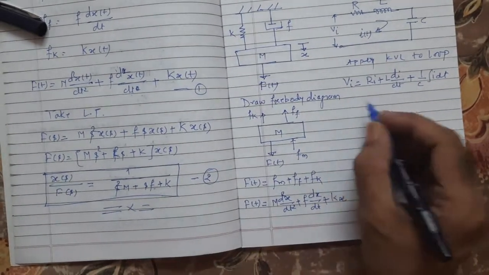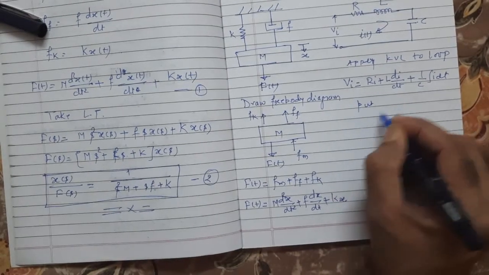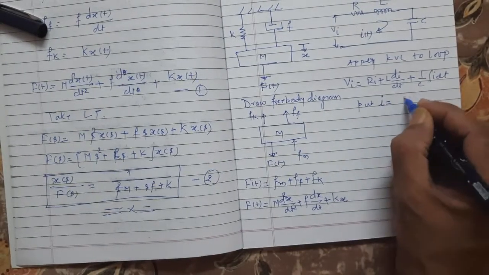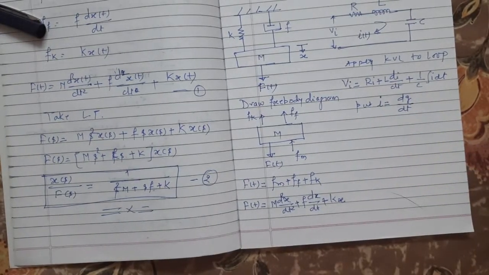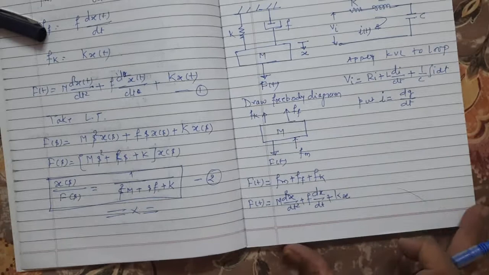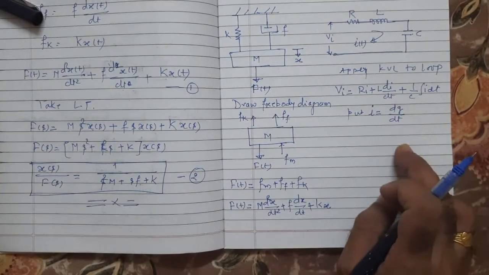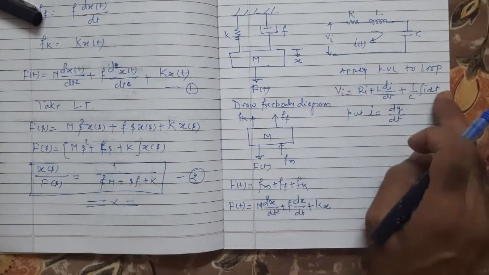Now put current I equals dq by dt, that is the rate of change of charge, in the above equation.